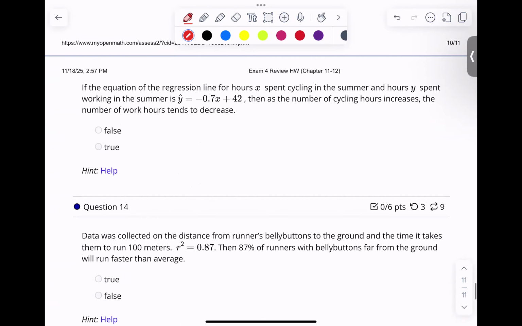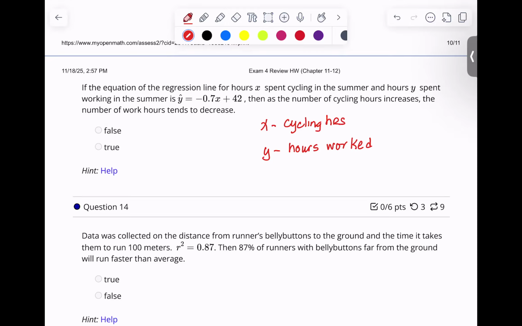What do we got here? If the equation of the regression line for hours X spent cycling in the summer and hours Y spent working in the summer is Y hat, which is again your predicted value, equals negative 0.7x plus 42, then as the number of cycling hours increases, the number of work hours tends to decrease.